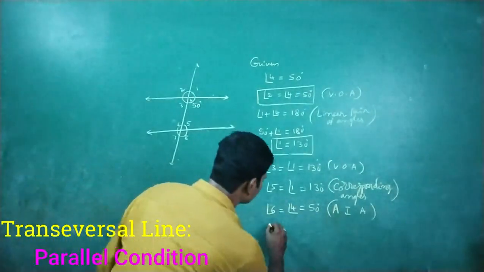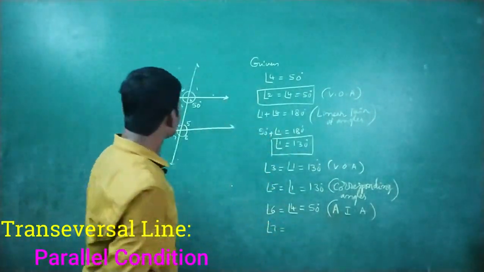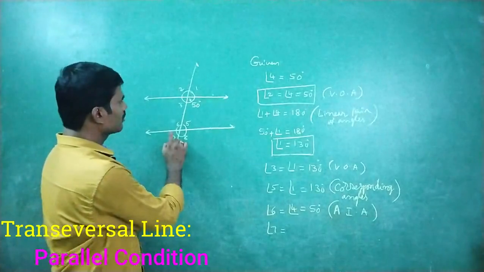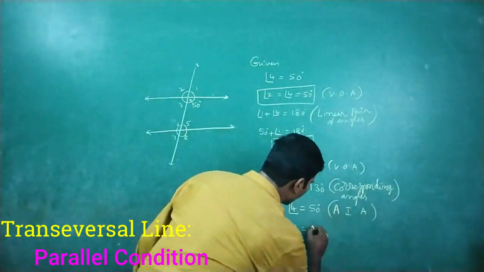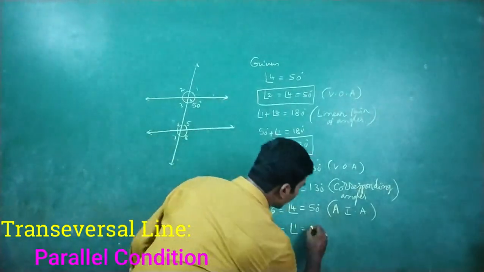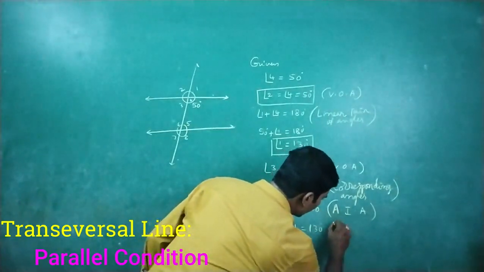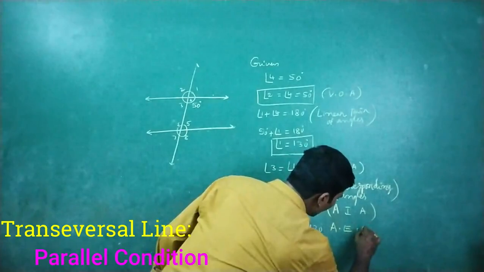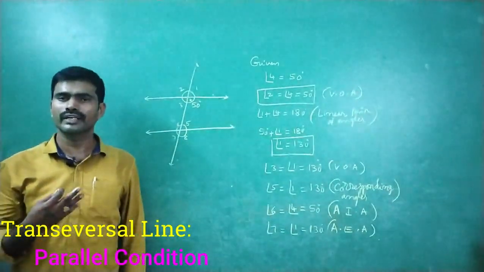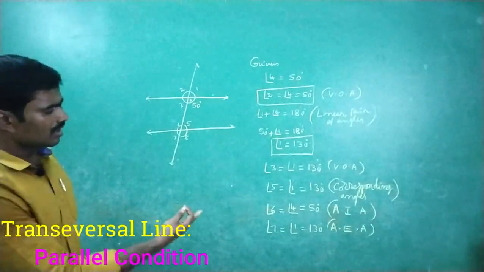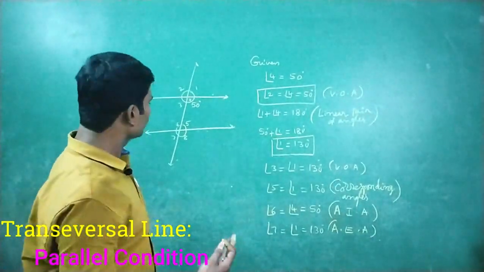Angle 7 is equal to angle 1. Reason: alternate exterior angles. So angle 1 and angle 7 are the alternate exterior angles, so angle 7 is equal to 130 degrees.